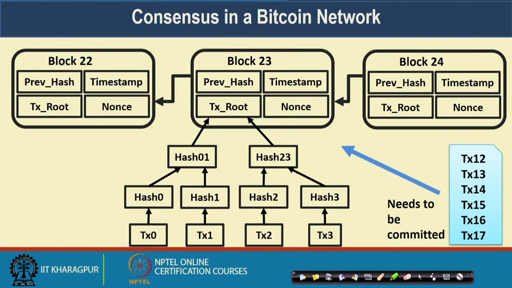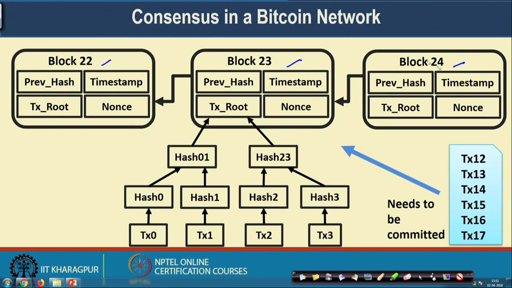So, that is an example. You already have blocks of transactions. So, these are the individual blocks of transactions, block 22, 23, 24. Inside every block, we have the architecture we looked at earlier. So, you have a Merkle root, under which all the transactions are organized in a Merkle tree.